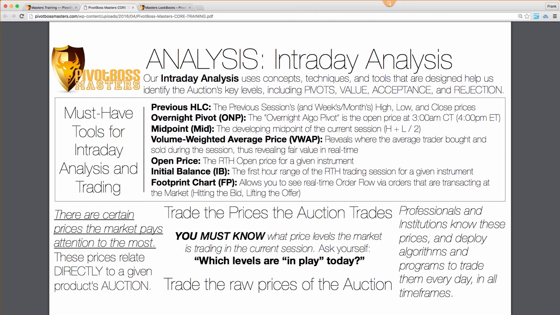Something like crude oil, for example, will have much more bounce or reaction at a previous RTH close than at the general session close at the end of the day, 3-something. So RTH for me is for the day time frame for the most part, and from there I'm still trading the ETH charts.